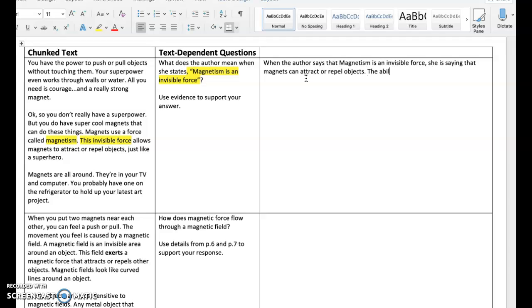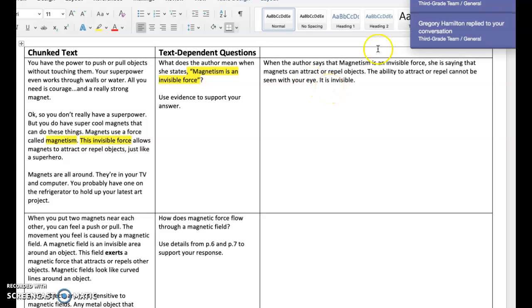The ability to attract or repel cannot be seen with your eye. It is invisible.